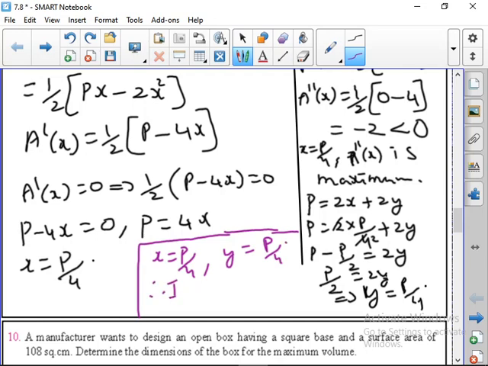Therefore it is a square. So what is the question? Among all the rectangles of given perimeter, the square has the maximum area. Because the area is maximum, the rectangle becomes a square. Okay, thank you students. We will see the remaining questions in the next class.